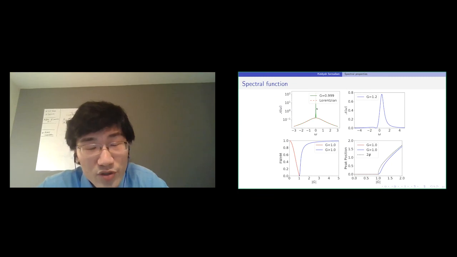This is the signature of the criticality because it has a very sharp peak, which means the correlation or the coherence time will just diverge. For example, here I show the width of the peak. You can show that as the critical point is reached, the width will just decrease until 0, and then above the critical point, it will just increase again.